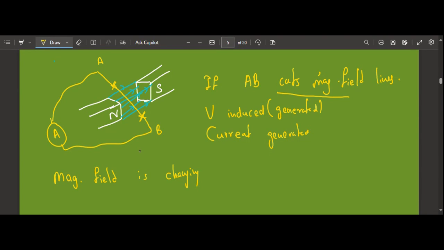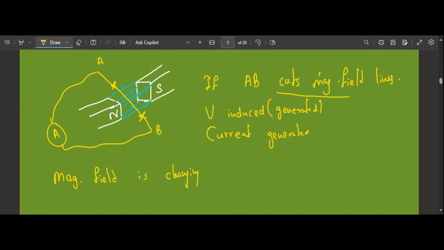When the magnetic field is changing in that conductor, a voltage is induced, and that voltage is what causes the current to flow. I think you have these notes, which I shared with you before.